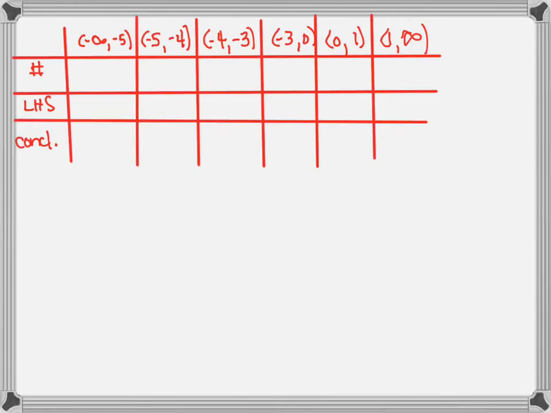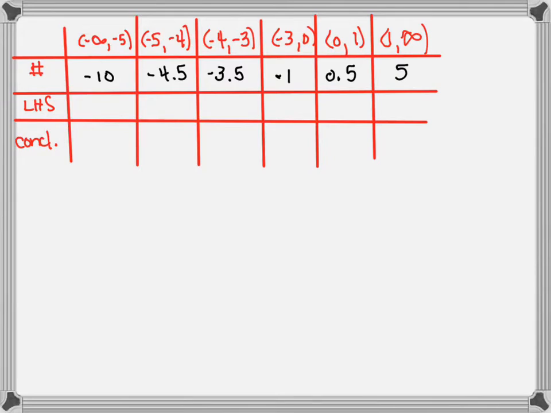In my first interval, I'm going to choose -10. In my second interval, I'm going to choose -4.5. In my third interval, I'll choose -3.5. In my fourth, I'll choose -1. In my fifth, I'll choose 0.5. And in my last interval, I'll choose the number 5.